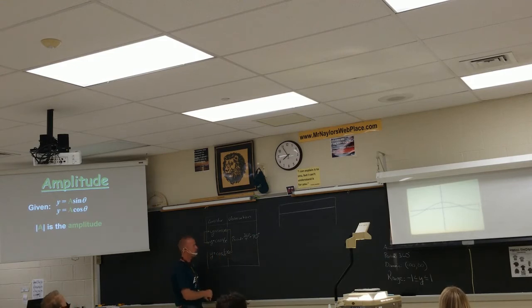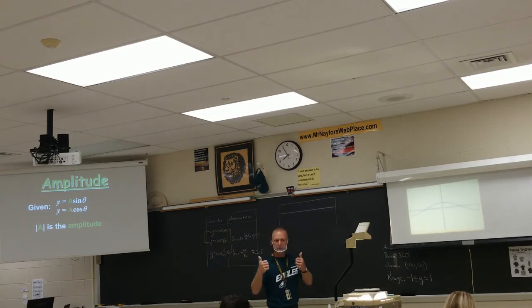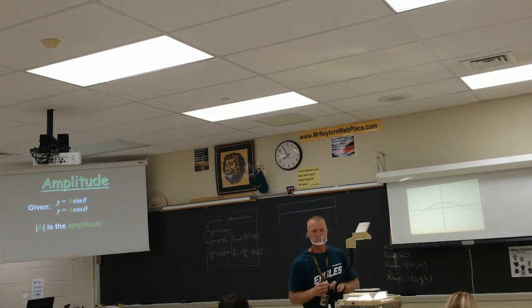Okay. What about this thing about the original period divided by that number? What's 360 divided by 1/2? Right, 720. It's the same as multiplying by 2.